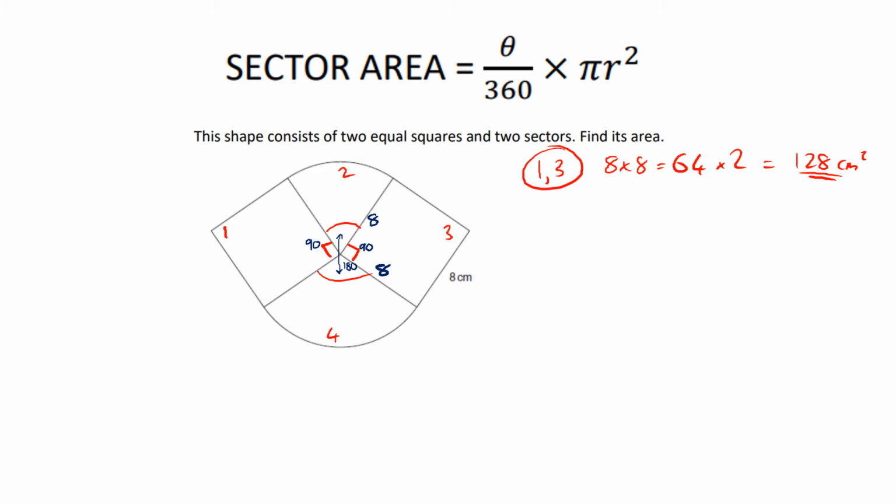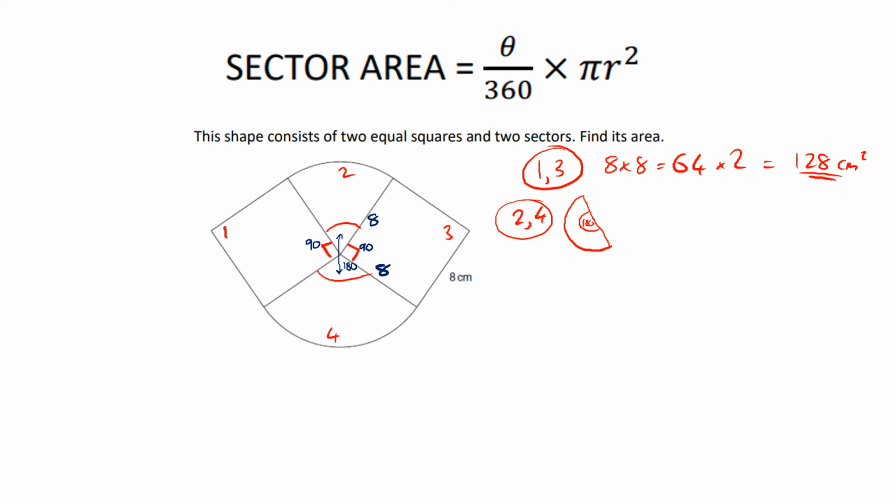Now there might be any particular split, there might be 60 and 120 or 80 and 100, we don't know. But we do know they add up to 180, and that's good, because it means if we put 2 and 4 together, if we were to just rotate them both around, we would end up with a circle of 180 degrees. In other words, a semicircle. So we don't really need to use the sector area thing at all here.